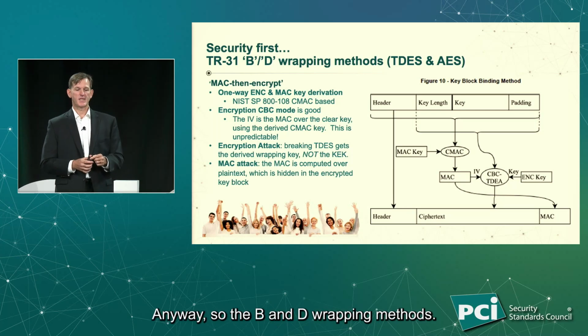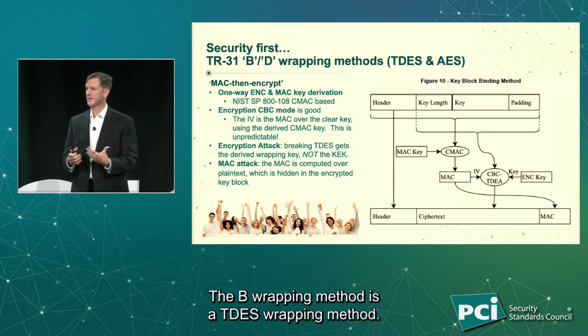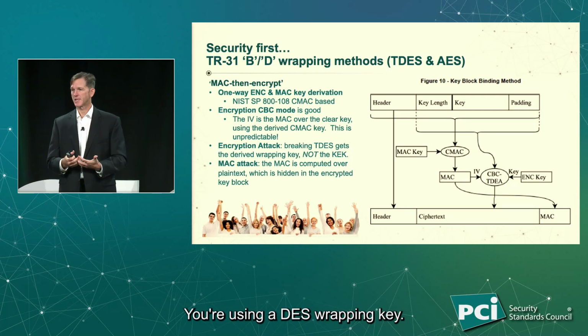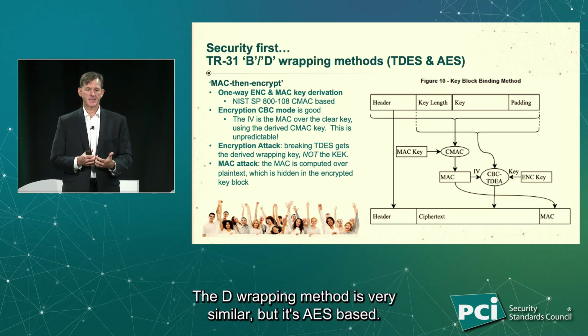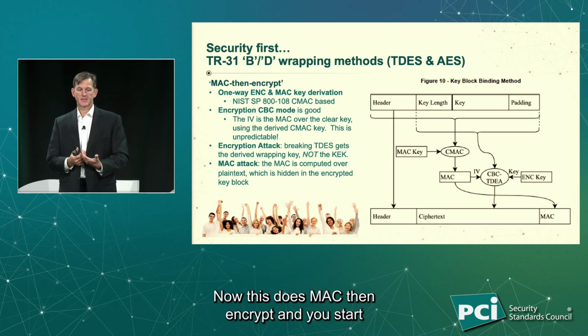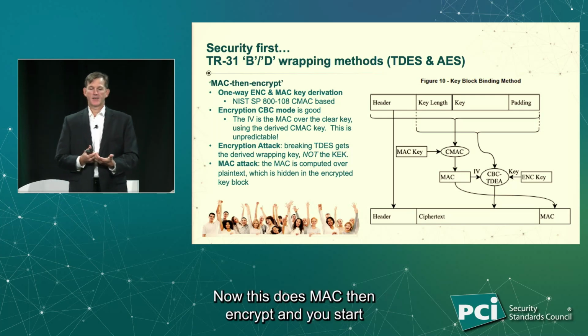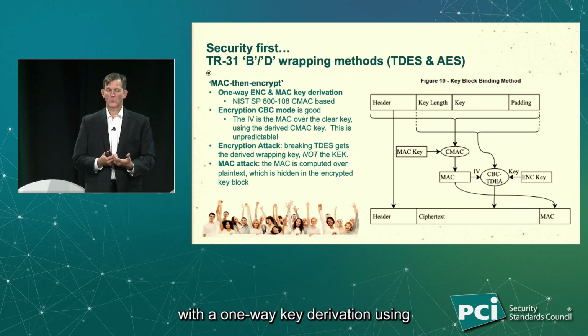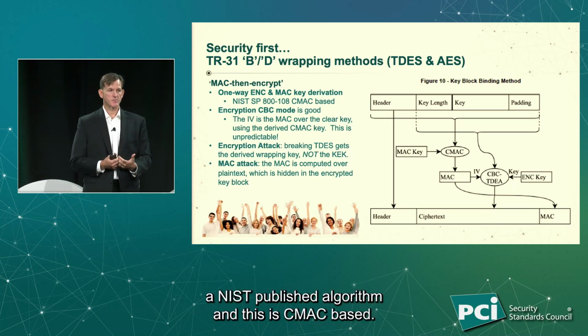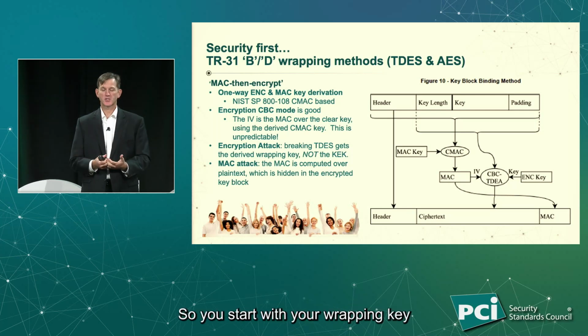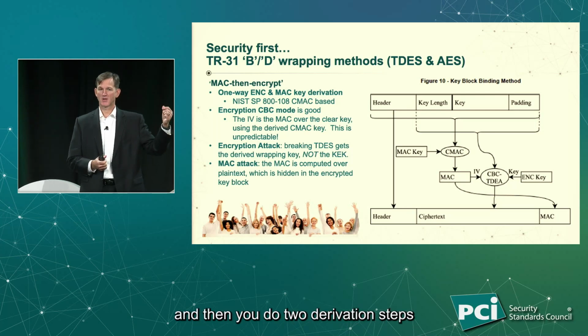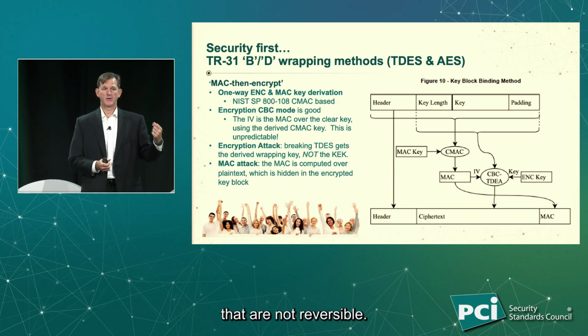Anyway, so the B and D wrapping methods. The B wrapping method is a TDES wrapping method. You're using a DES wrapping key. The D wrapping method is very similar, but it's AES-based. Now this does MAC then encrypt, and you start with a one-way key derivation using a NIST published algorithm, and this is CMAC-based. So you start with your wrapping key, and then you do 2 derivation steps that are not reversible.